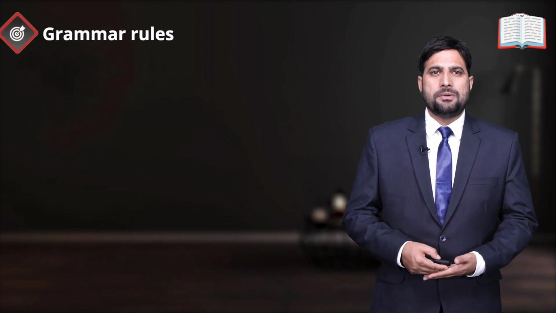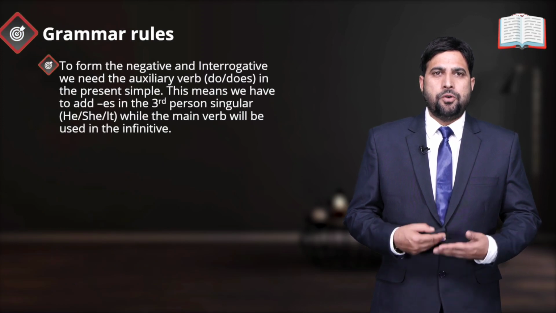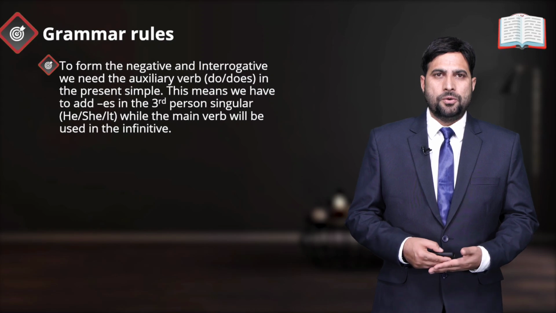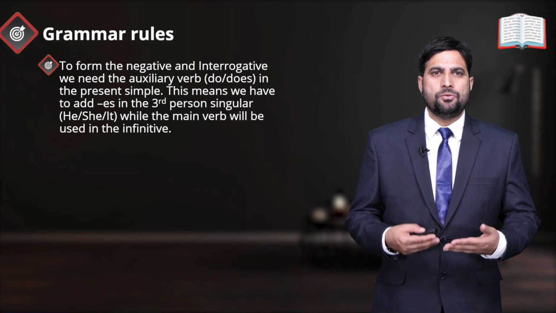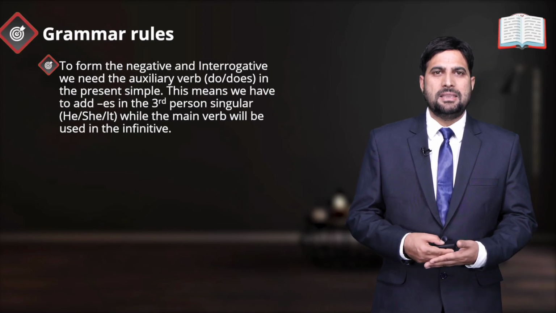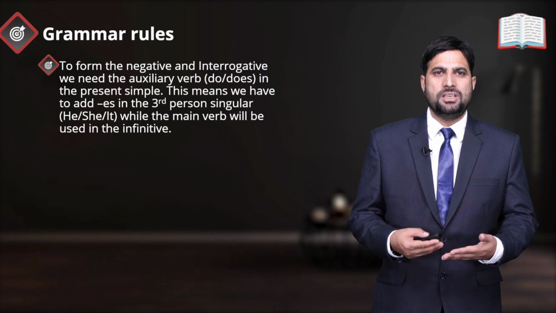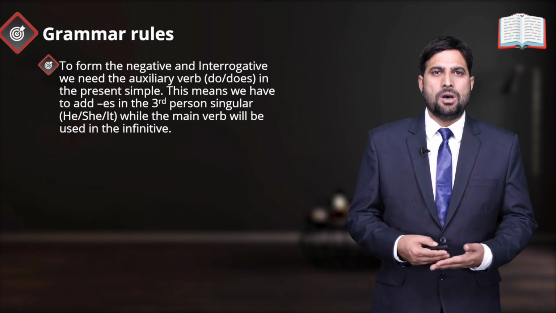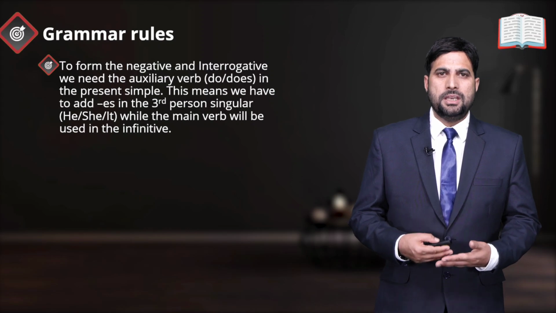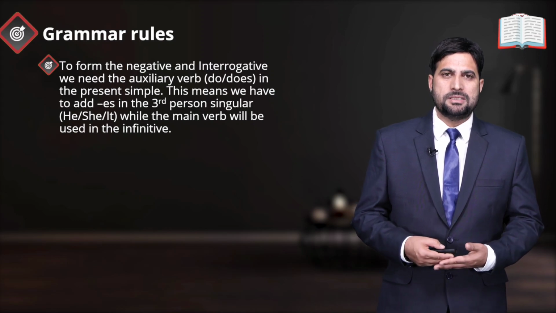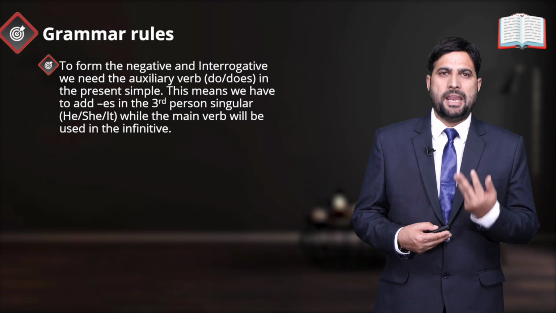Now there are some grammar rules. To form the negative and interrogative, we need the auxiliary verb do or does in the present simple. This means we have to add es in the third person singular, he, she, it, while the main verb will be used in the infinitive. So here third person singular means he, she, and it.